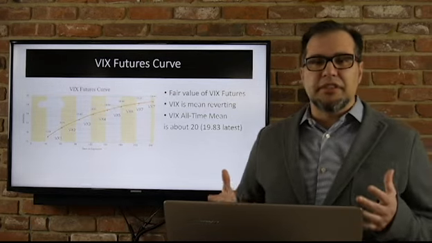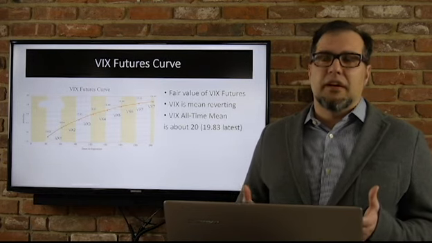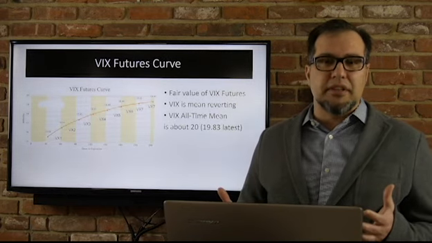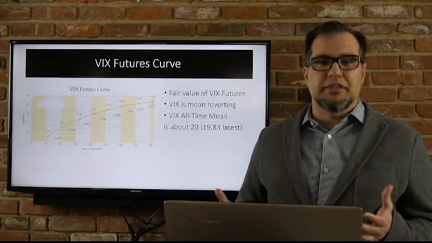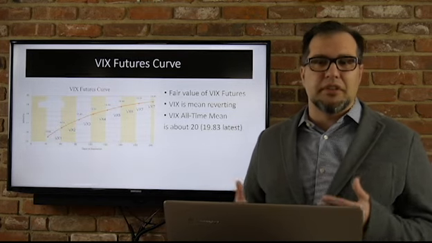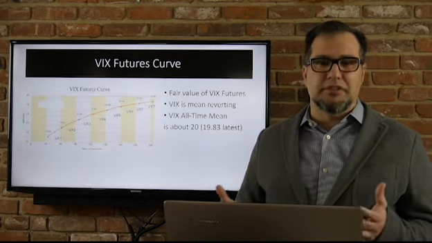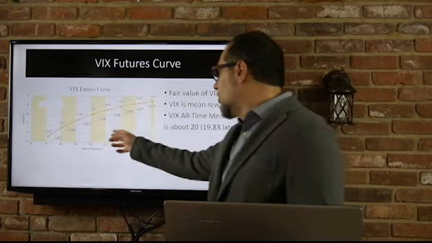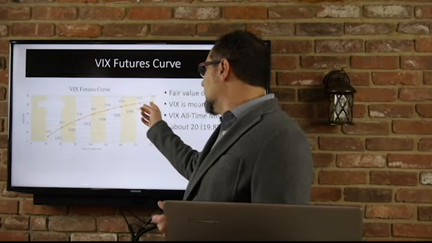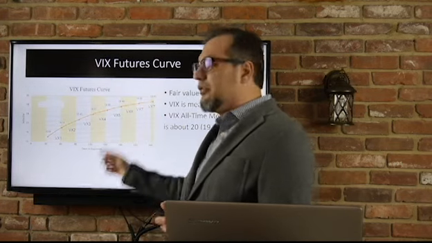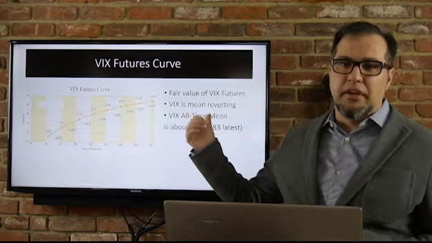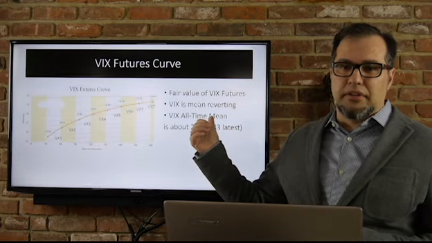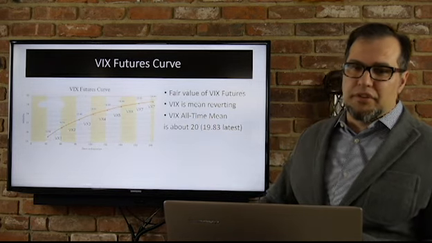If the VIX is above 20, the market is under duress, and if the VIX is below 20, the market is good because the VIX is below the mean. But in any case, the VIX futures curves always, the 7 and 8 month futures try to approximate the long-term average of the VIX.